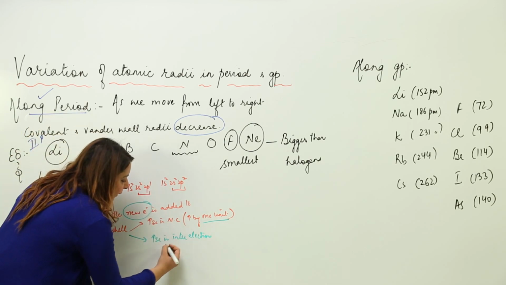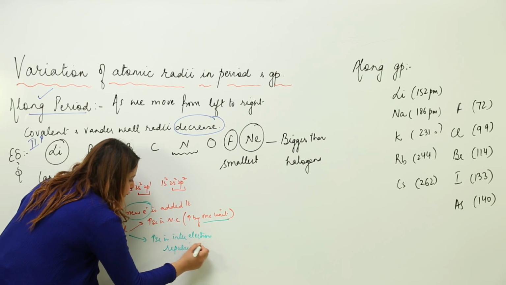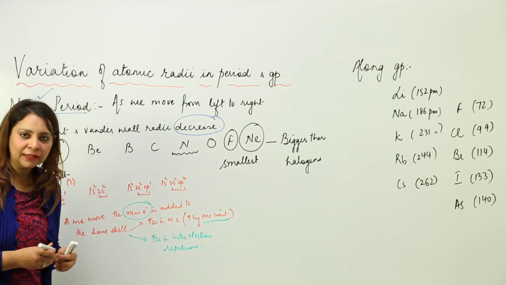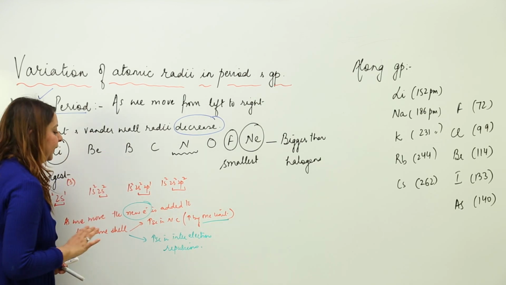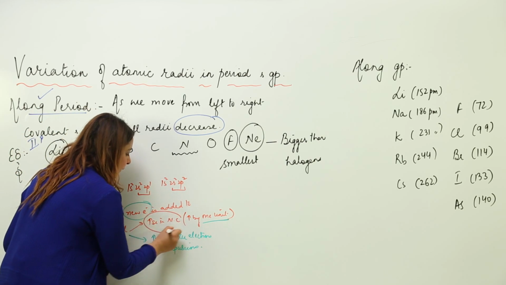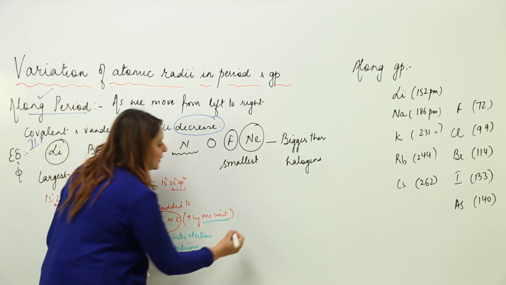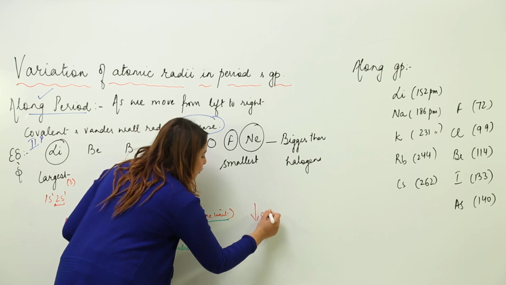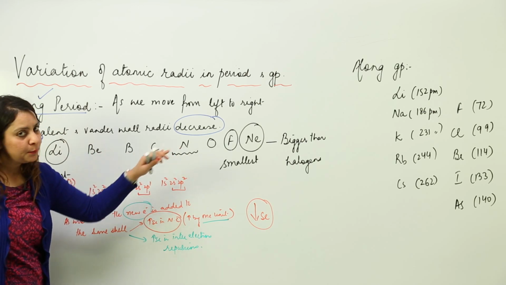But as we move along the period, the effect of increased nuclear charge outweighs the inter-electronic repulsions. That is the reason the size, or the radii, decreases when we are moving along the period.